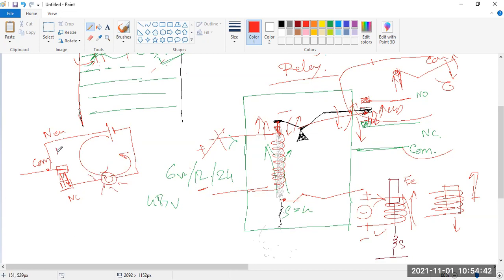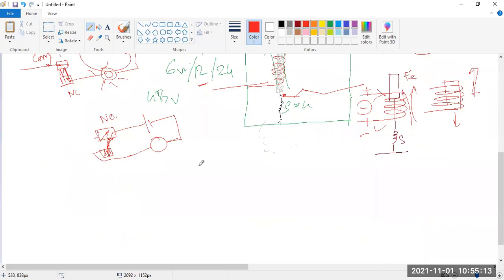Okay, but NO is not there. NO is detaching from one side. But if I attach some power to the NO terminal, and now this is the indicator and this is the common, I just touch it. So whenever the relay is operating, then NO and this common position get communicated.